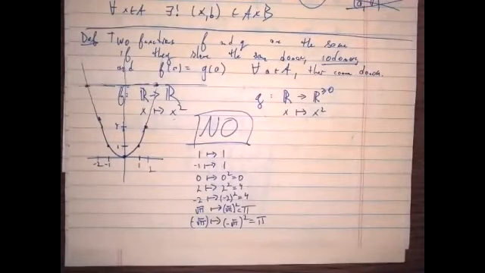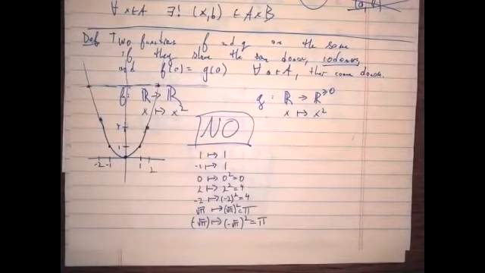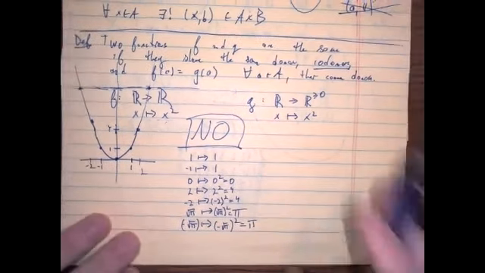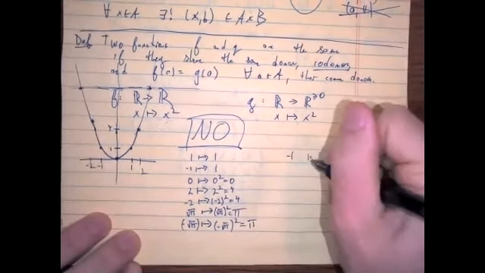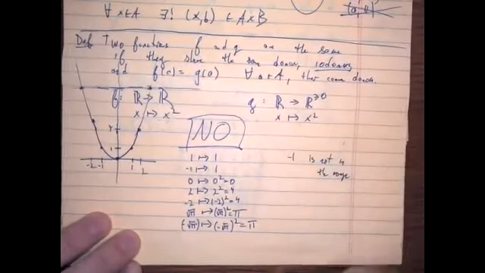Okay, next question. Does -1 appear in the range of this function? Correct. -1 does not appear in the range. Can someone tell me why?